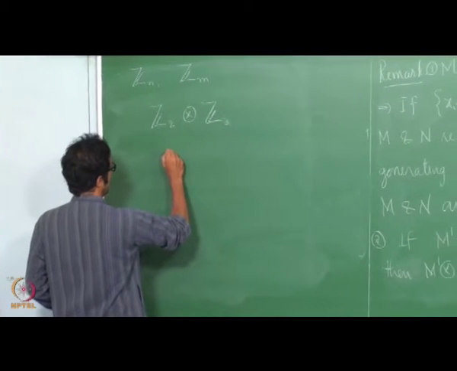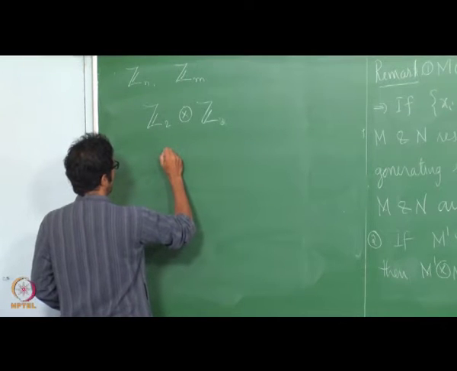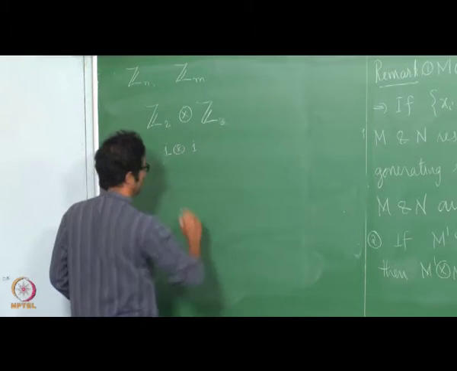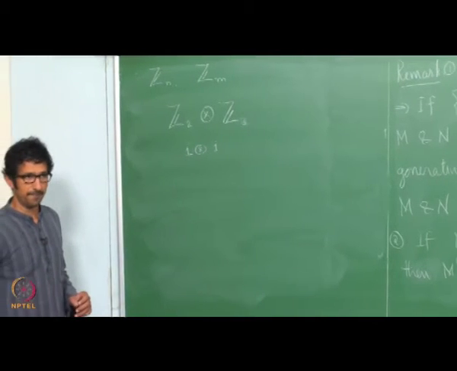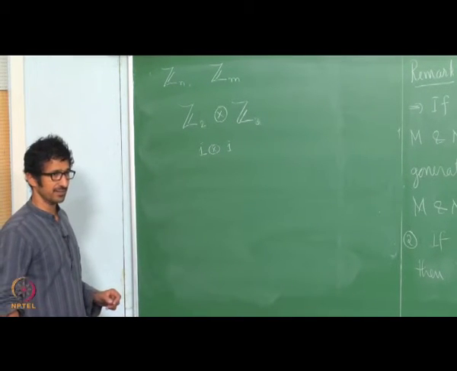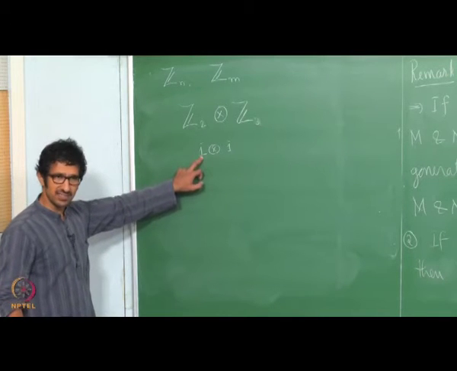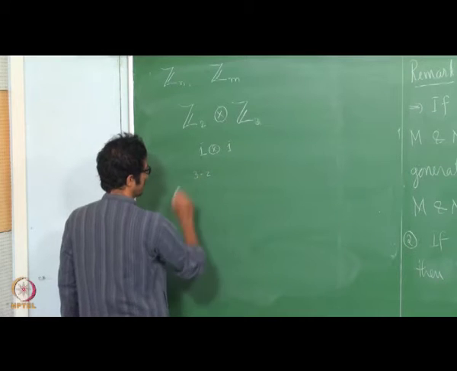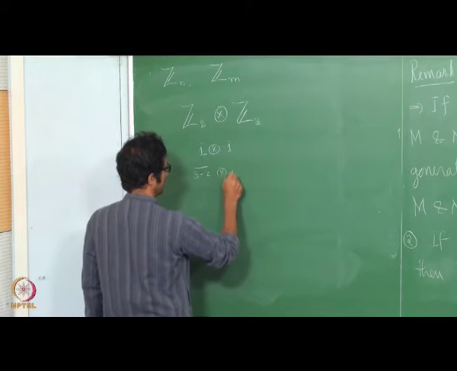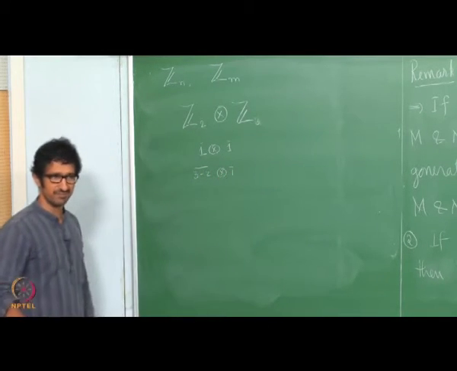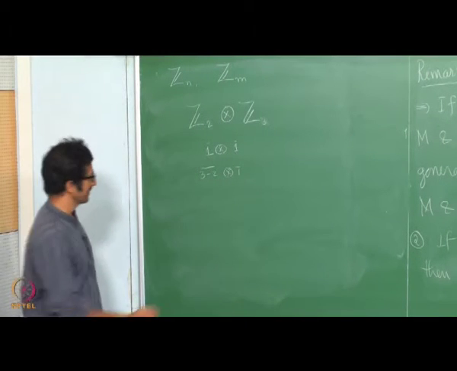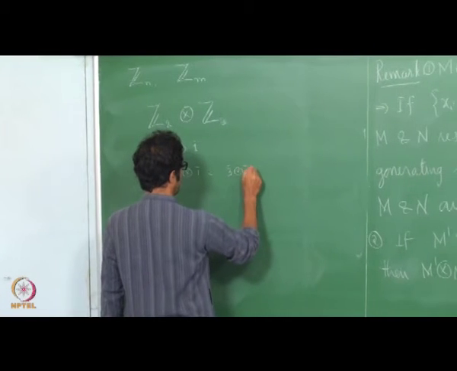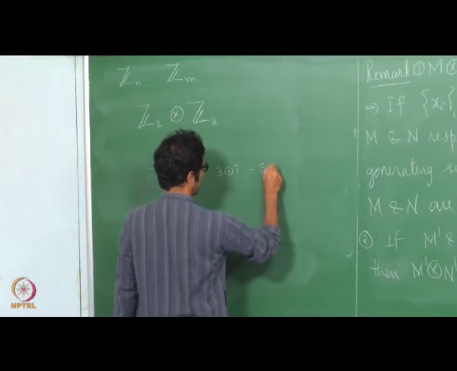Let's look at the element 1 tensor 1, but here this 1 I can write as 3 minus 2. This is 3 bar tensor 1 bar minus 2 bar tensor 1 bar.